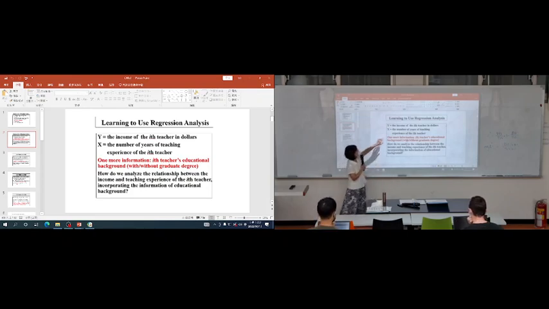So using just one X, which is the number of years of teaching experience of the teacher, and Y will be the income of the teacher in dollars.